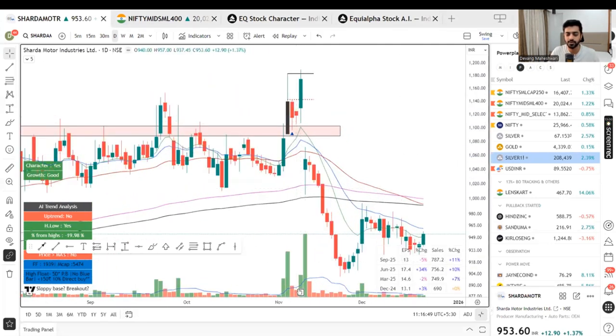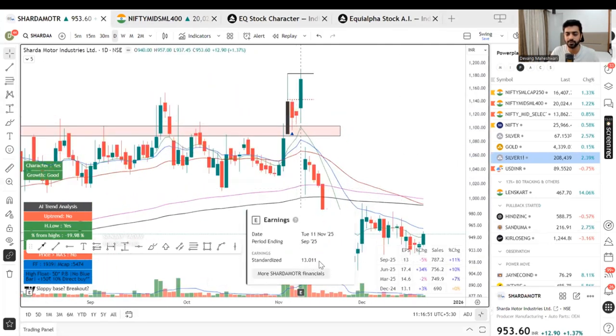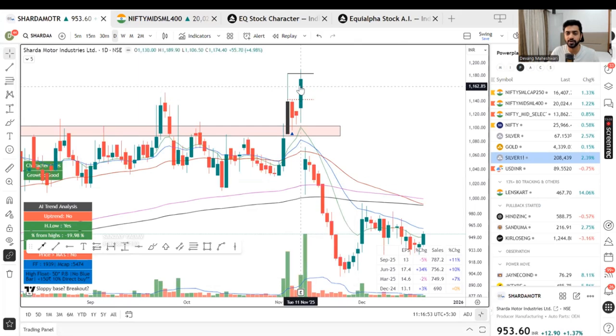This is the result day. So the result would have come in the evening after markets. And on that date, this was like 5% up. 2 days, 3 days back only, it gave you a fine breakout. It was not a strong breakout, but on result day also super strong. But just after the result came, this is a gap down of 10%. Simply 10% down on results.